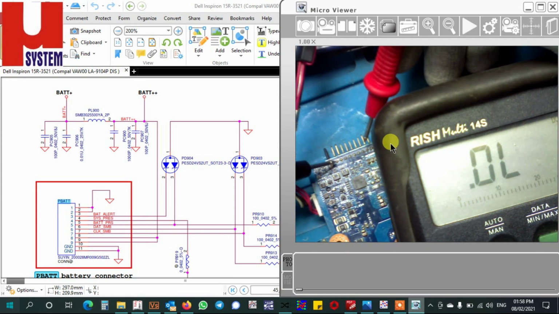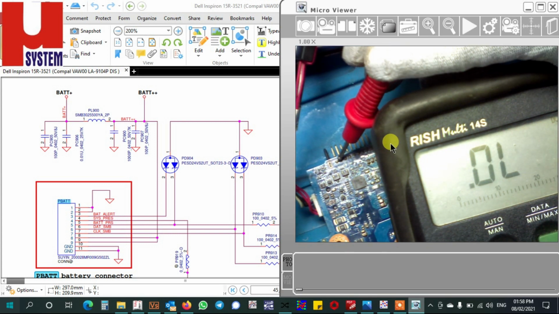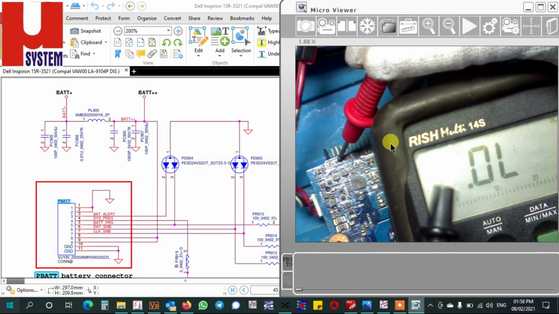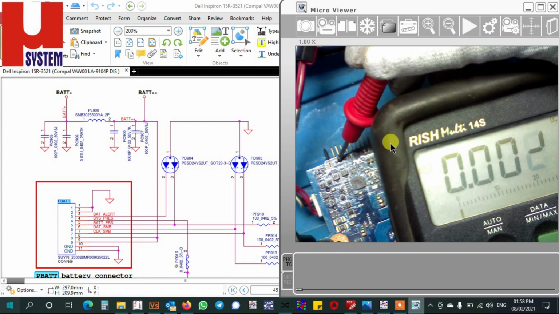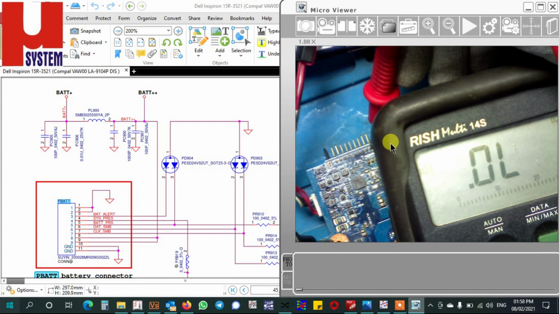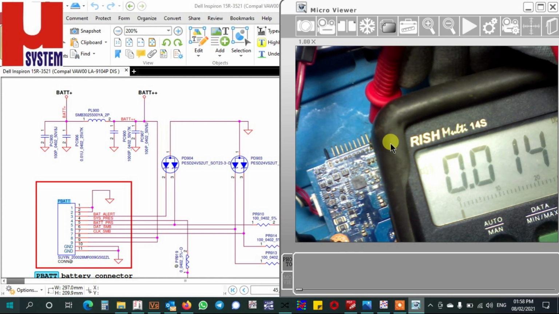First of all, we are going to check the negative point. This is the negative and this is the positive of the battery. Here we are getting some shorting type of indication.